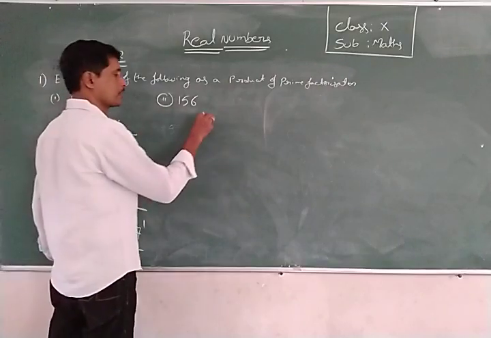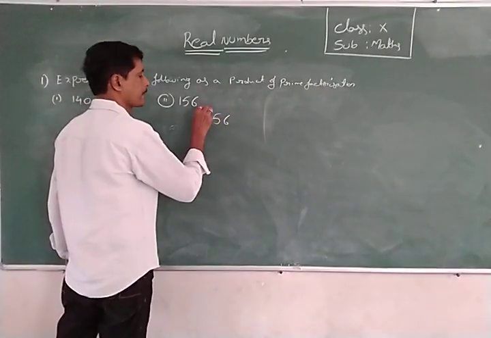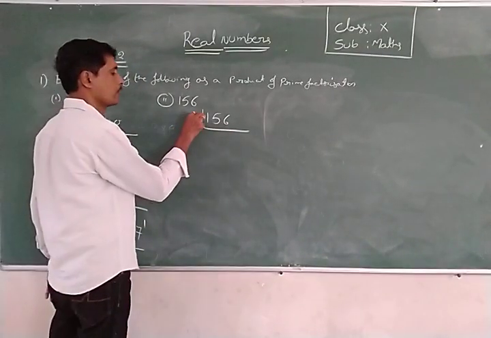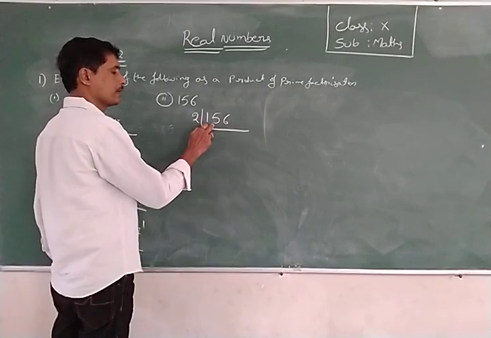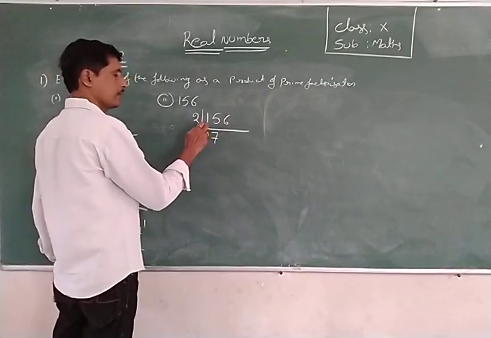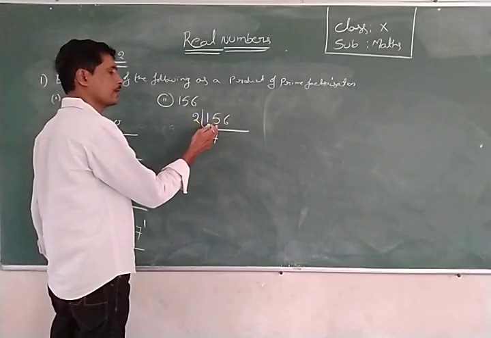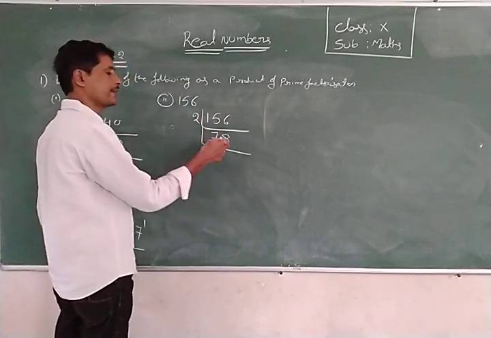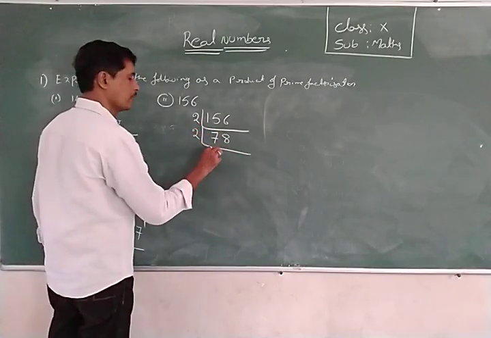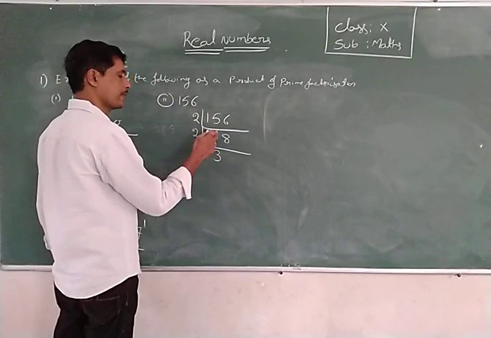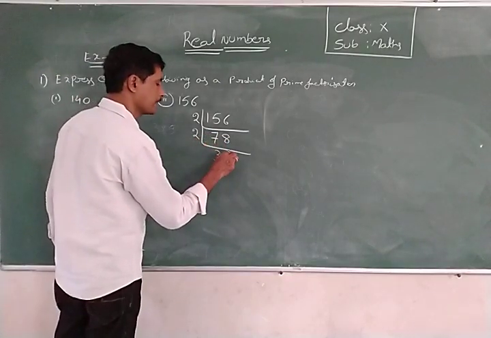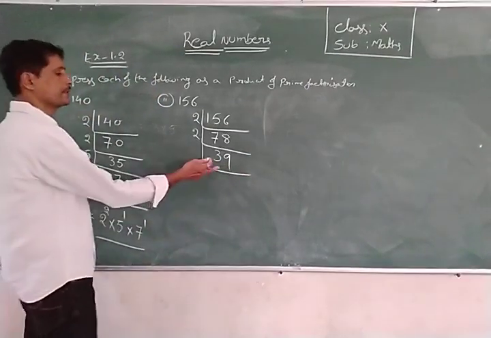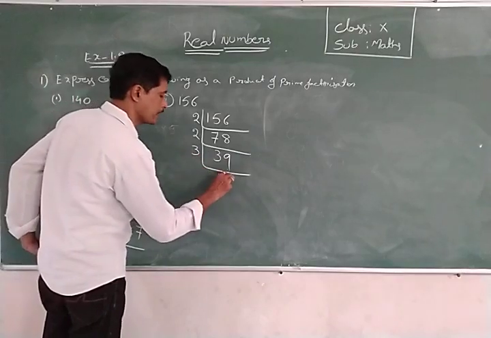Next, 156. Here the unit digit 6 is an even number, so it is divisible by 2. 2 sevens are 14, 15 minus 14 is 1, bring down 6, that is 16, 2 eights are 16, so 78. 78 is again even, so 2 threes are 6, and 7 minus 6 is 1, bring down 8, that is 18, 2 nines are 18, so 39. 39 is odd and divisible by 3. 3 ones are 3, 3 threes are 39.